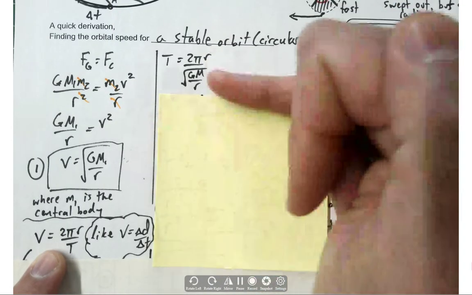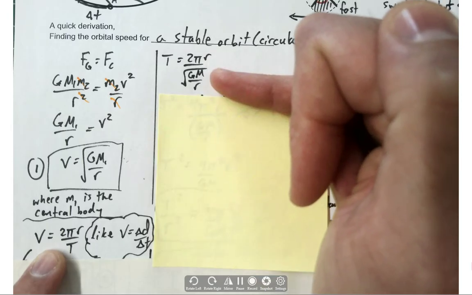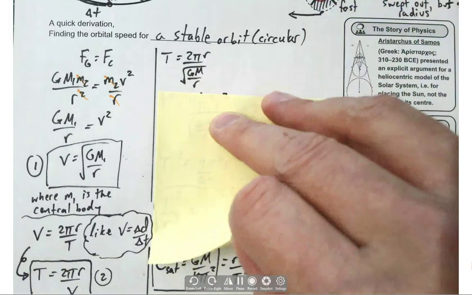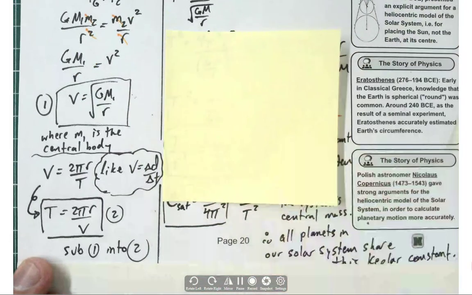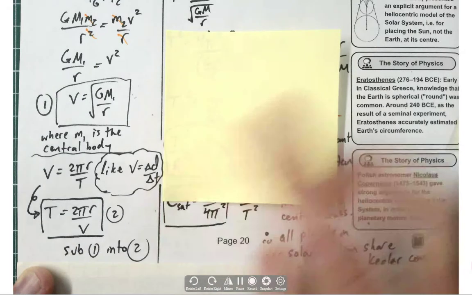That's what we're getting here in this line at the top. Okay, so just so it doesn't seem too mathematical, that's what just happened. If we want to see the steps, these are the steps. Cross-multiply the period and the speed, sub equation 1 into equation 2.